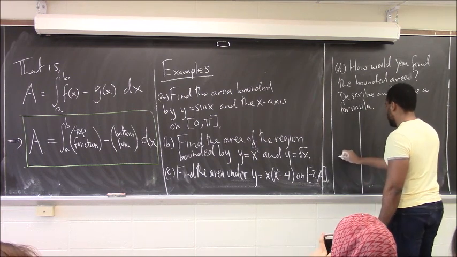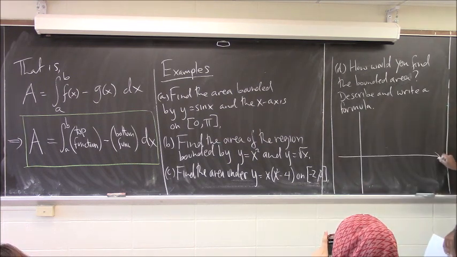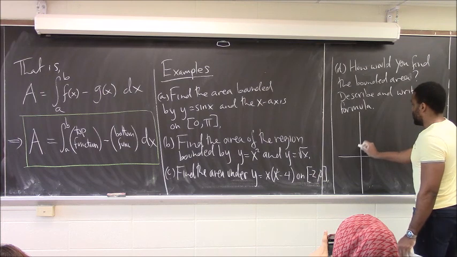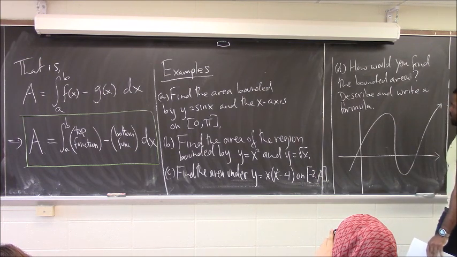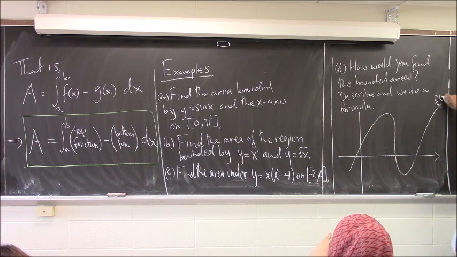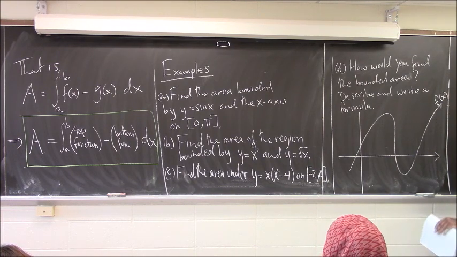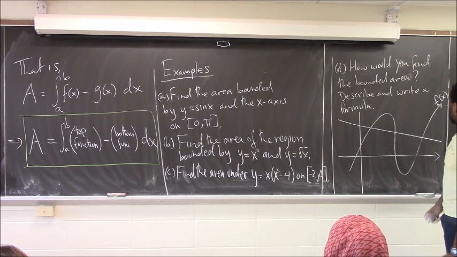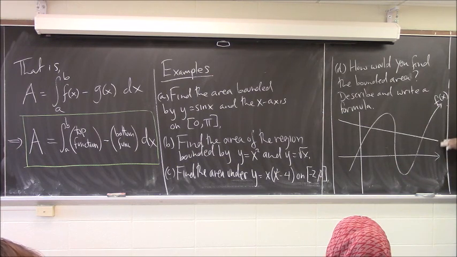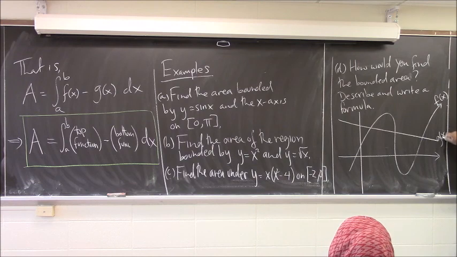This one comes to you in a picture, because I just want you to interpret things here. So you have one function doing this. Call that one f of x. And you have another function that's just like a straight line cutting across here. Call that one g of x.